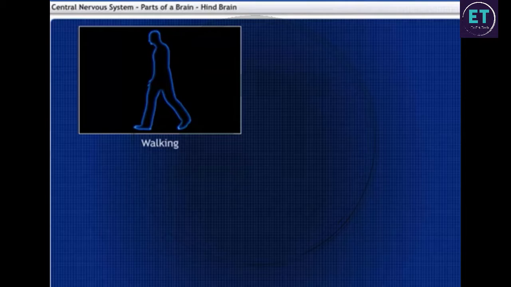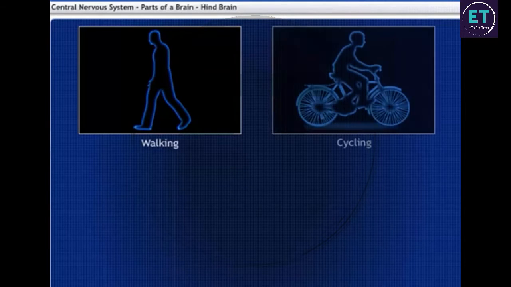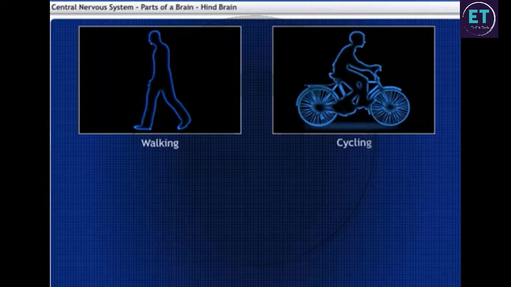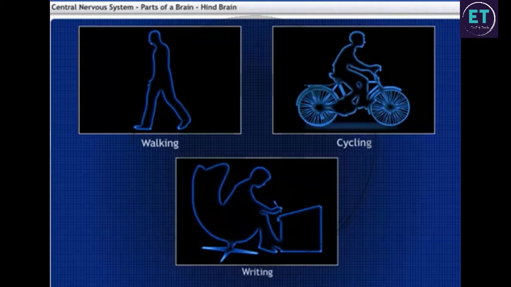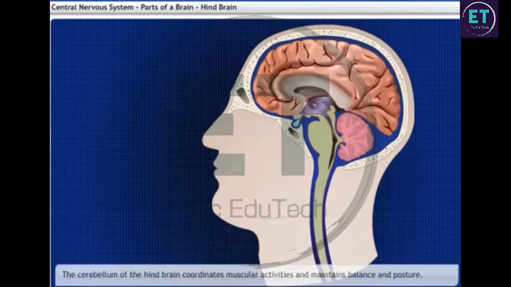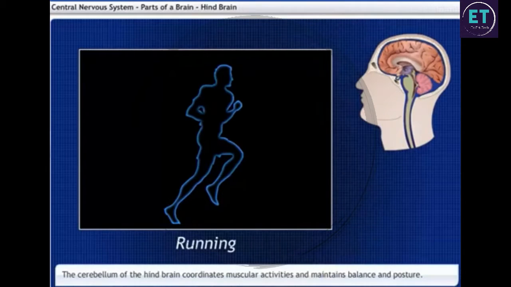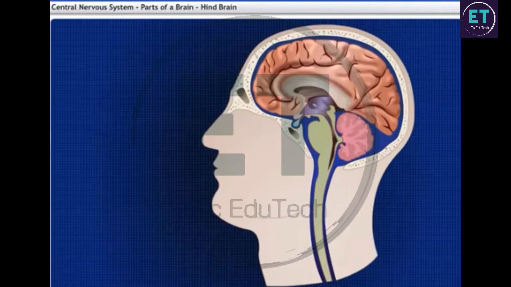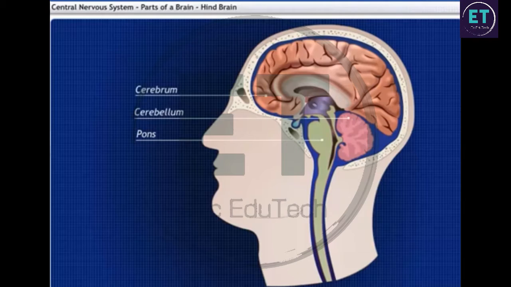Now what about activities like walking in a straight line, riding a bicycle, and picking up a pencil? It is the cerebellum of the hindbrain that coordinates all these muscular activities and maintains balance and posture. The next part is the pons that carries the impulses between the cerebellum and cerebrum.